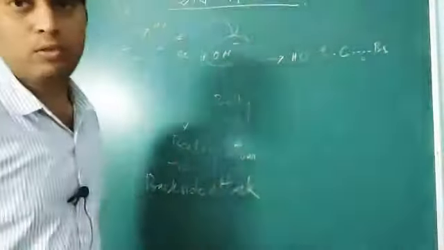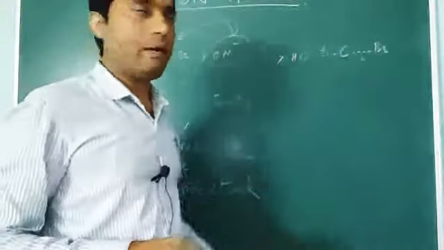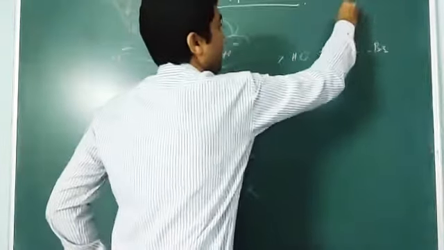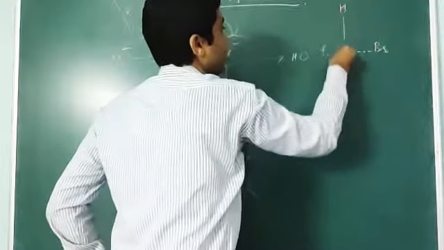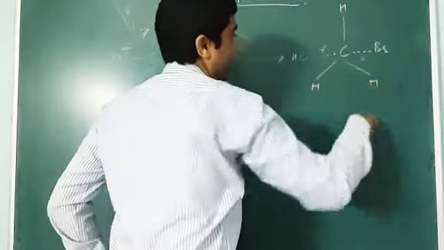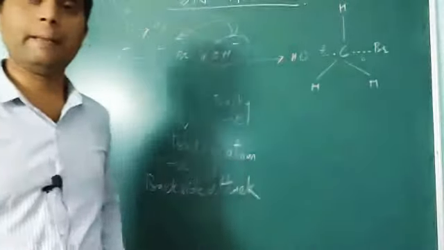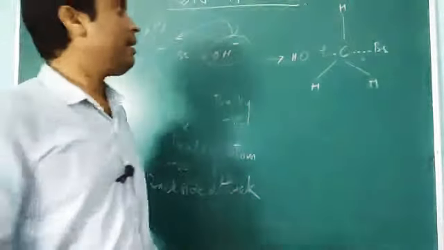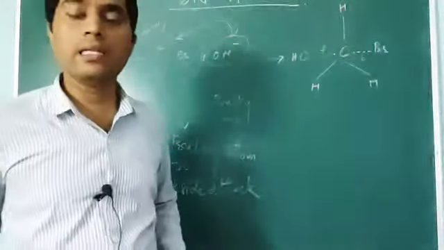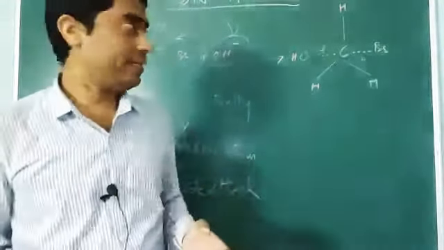Both processes occur simultaneously and this is the transition state. The remaining 3 hydrogens orient themselves in space, and in this situation the carbon appears to be pentavalent.